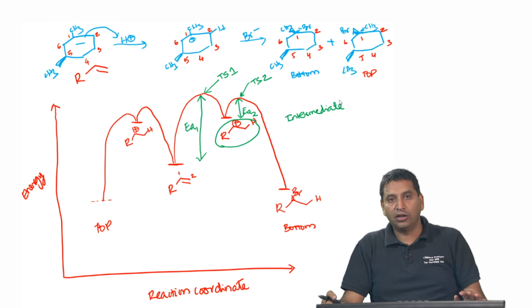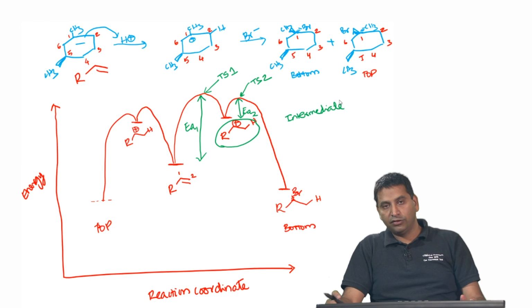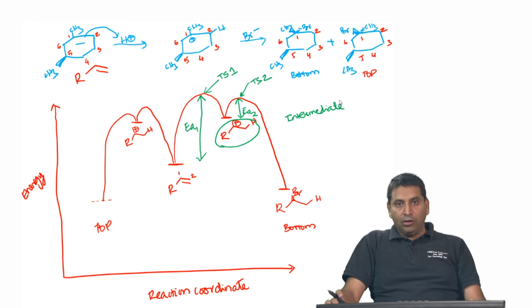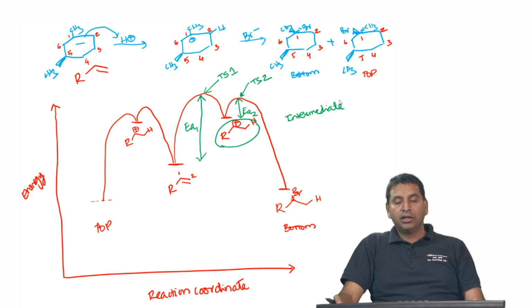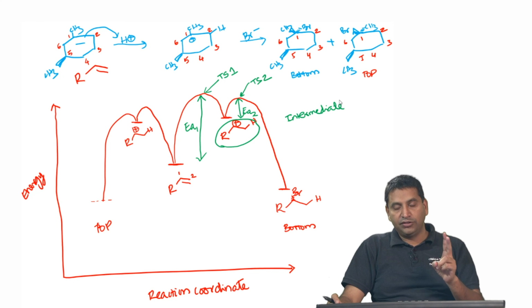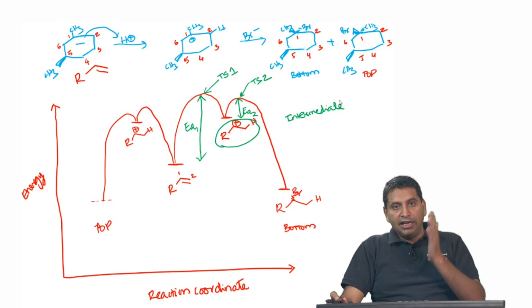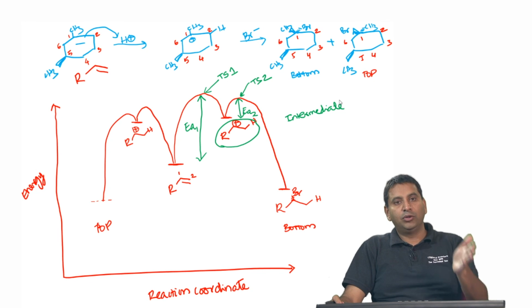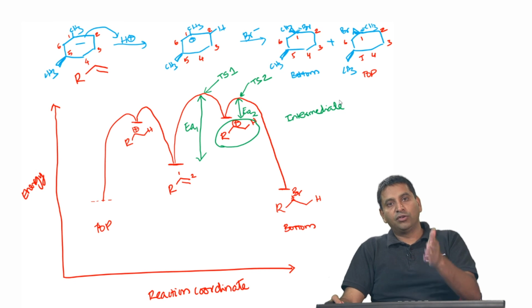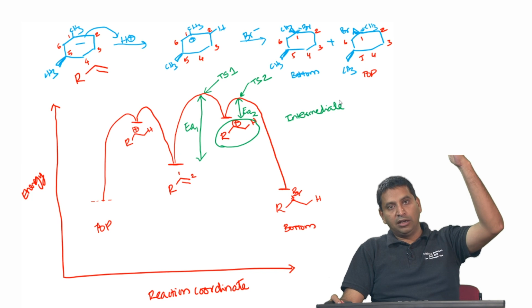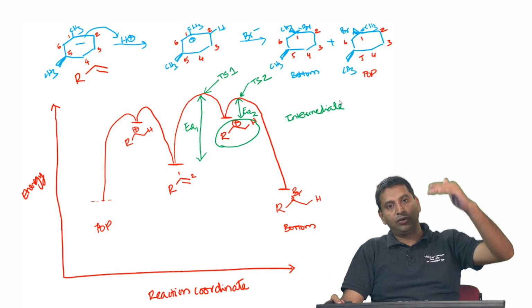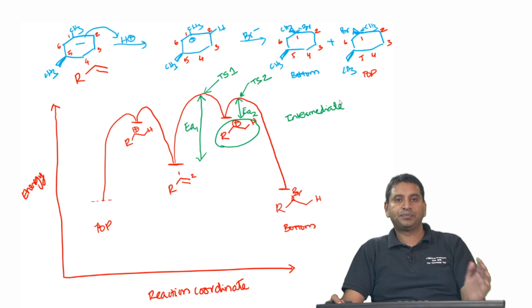So, let us be clear about this. For this, I am going to assume that the bottom product is one of the major products, and in order to form the bottom product, the reaction would progress through one intermediate and two transition states. Okay. It is identical in terms of numbers when we look at the top product. You have exactly the same carbocation being formed, and that carbocation is going to react with the nucleophile approaching from the top face, and it is going to give you the product on the left.